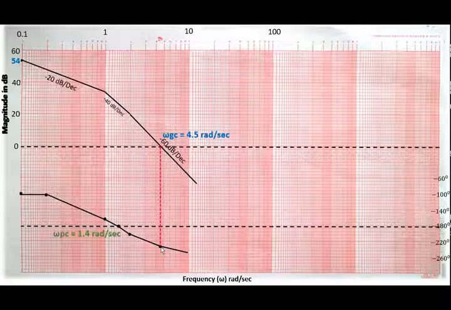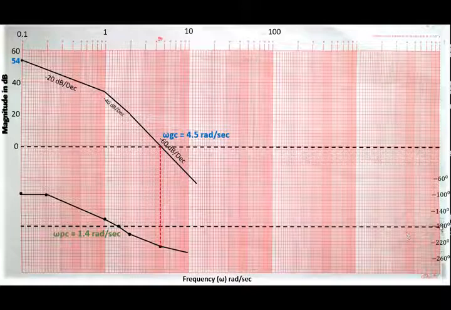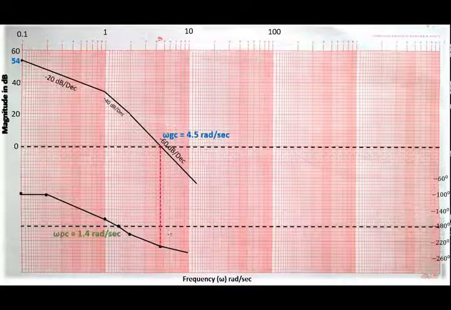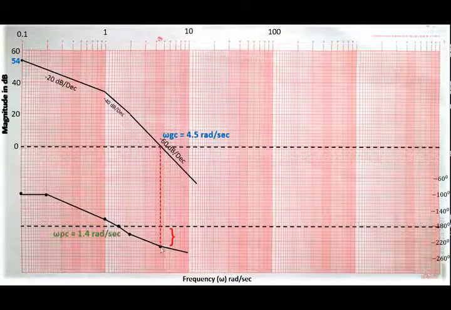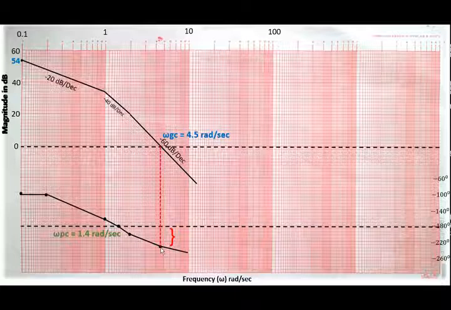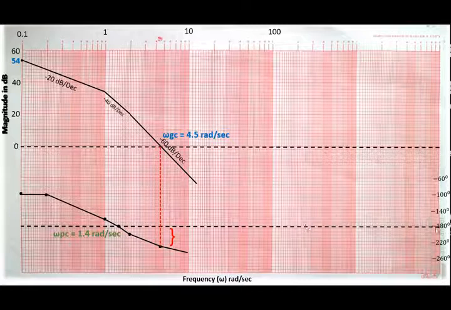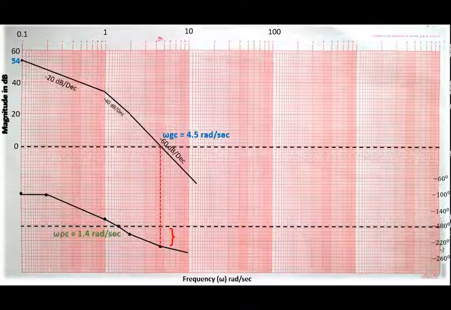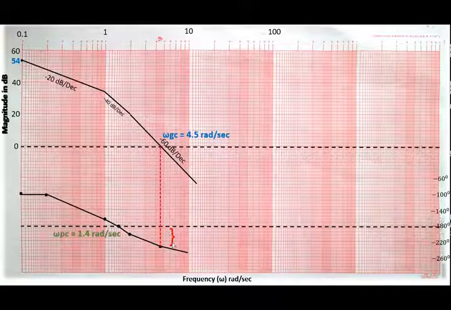Starting from this point to the reference line of the phase plot, the distance between the reference line and the intersection point on the phase plot gives the phase margin. Here by using the y-axis, that is the phase angle values, we need to measure how many degrees we will be getting as the phase margin.